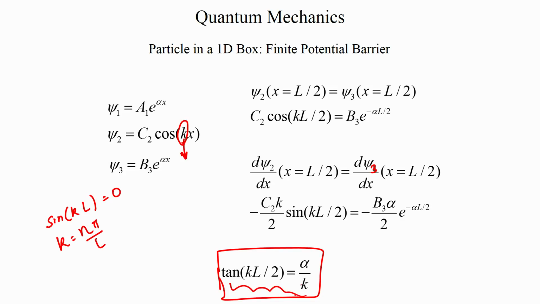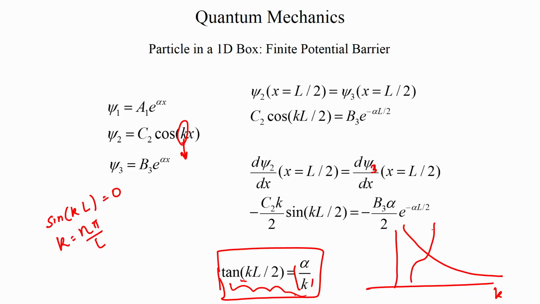So, if you were to plot both these functions, let us plot how alpha by k varies with k. It would probably vary in this manner, and then you plot how tangent of KL by 2 varies with k.